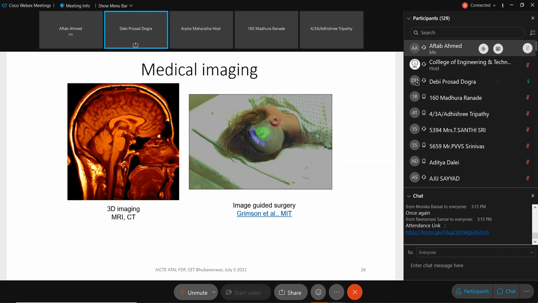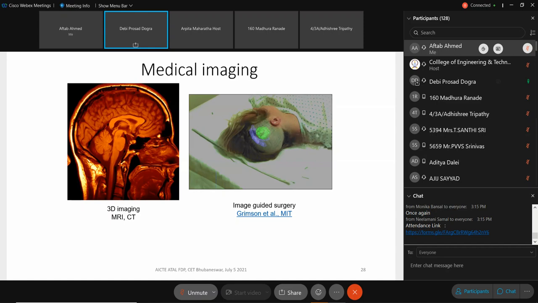If you open up an image and try to focus on each and every pixel, a doctor or a cancer specialist will not be able to do it. So why not help the specialist by reducing the search space? We are not replacing the doctors. What we are trying to do is help the doctor by reducing the search space. That's why medical imaging has great potential. So computer vision and visual surveillance have great potential.